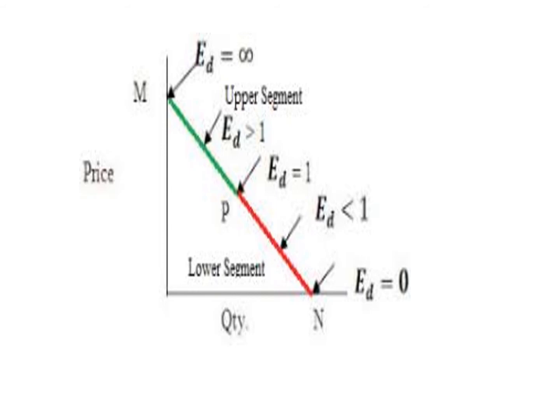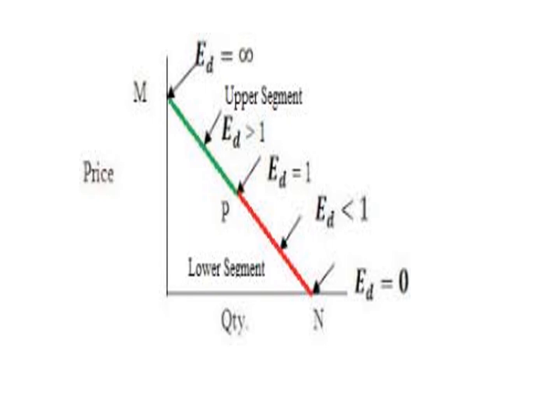At any point to the right of the midpoint, that is P, the point elasticity is less than unity, and at any point to the left of the midpoint, that is point P, the point elasticity is more than unity, and at the midpoint, that is point P, the elasticity is unity.